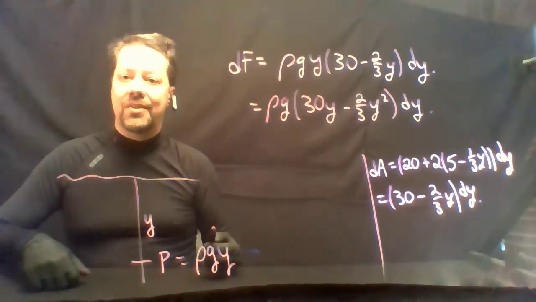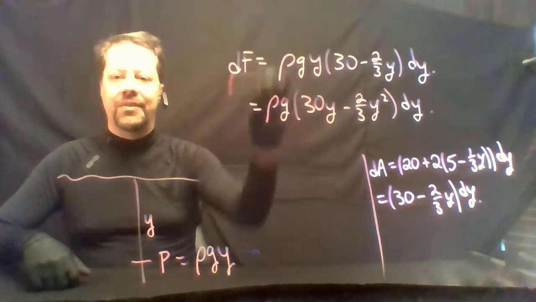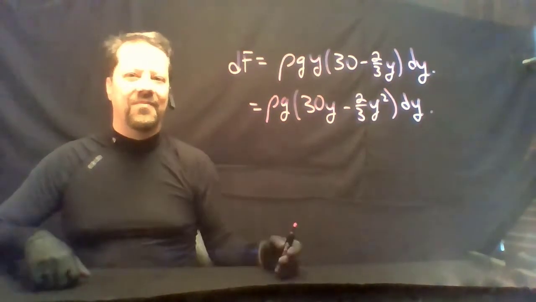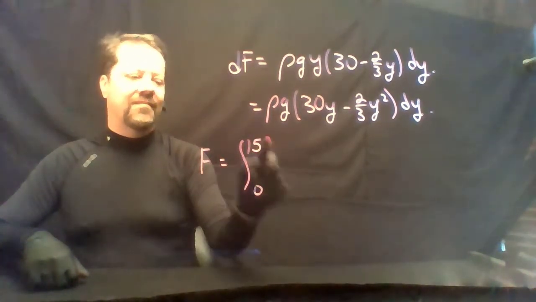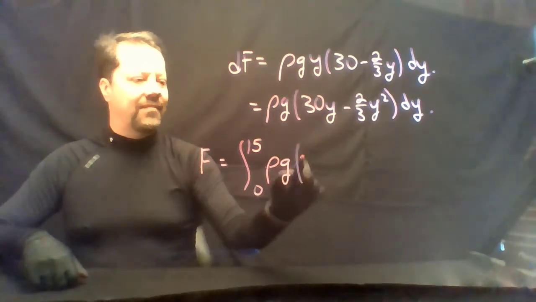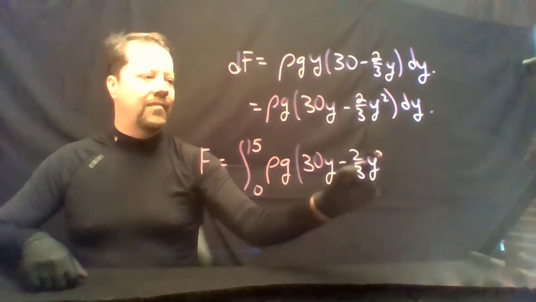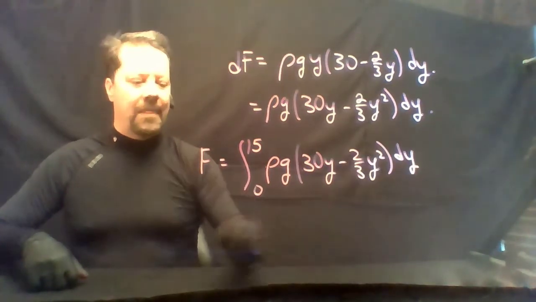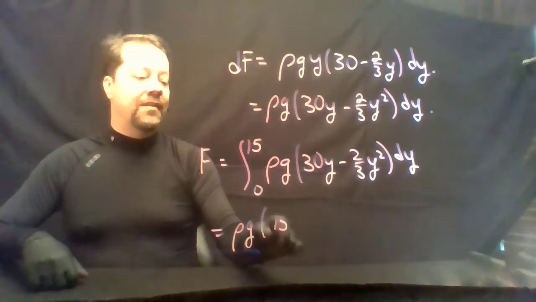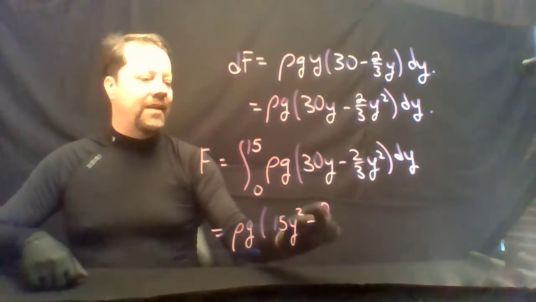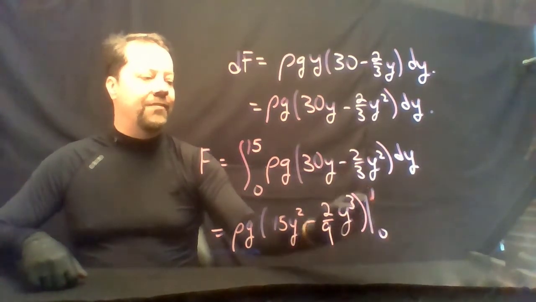To calculate the total force then, we add up the elements of force as y tends from 0 to 15. We have then rho g times 15y squared minus 2/9 y cubed evaluated from 0 to 15.